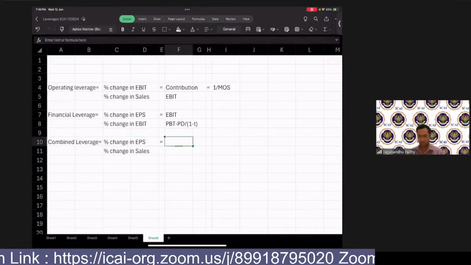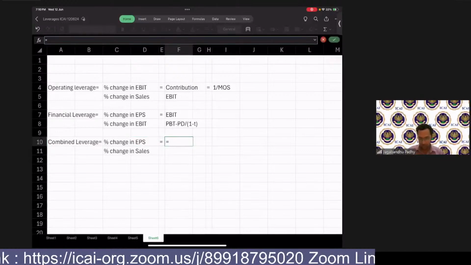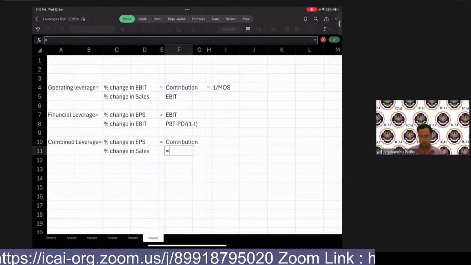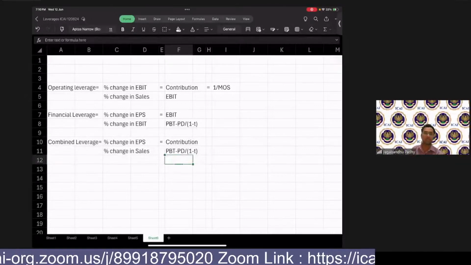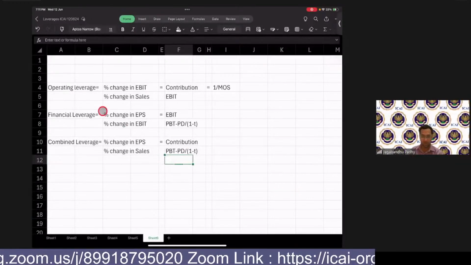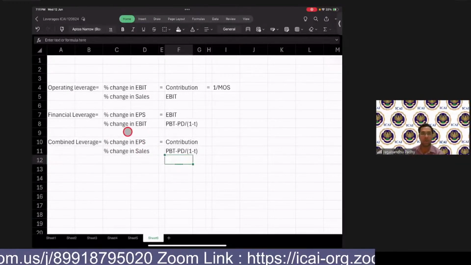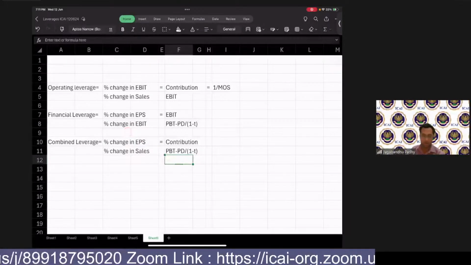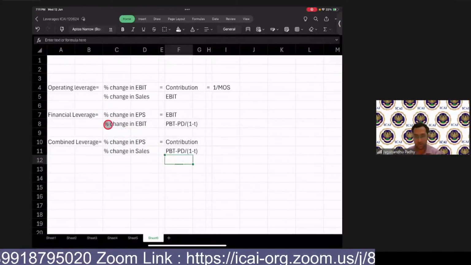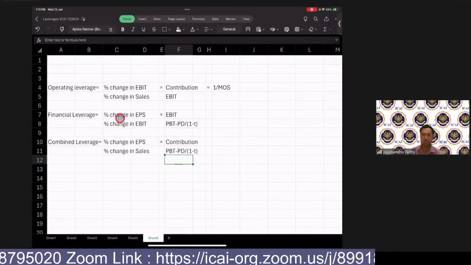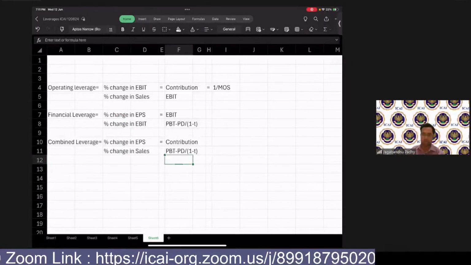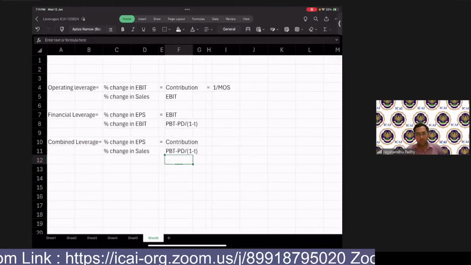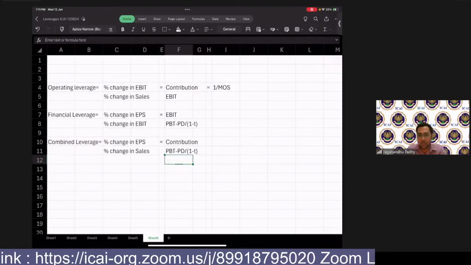Again, the shortcut is contribution upon PBT minus preference dividend divided by 1 minus T. This is what we have covered till now as far as the entire leverage is concerned. We have derived all the formulas and also done the logical reasoning for the same. So I hope we are clear till now.